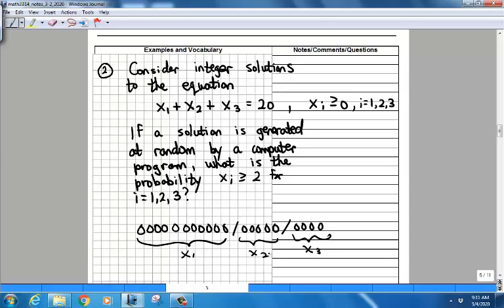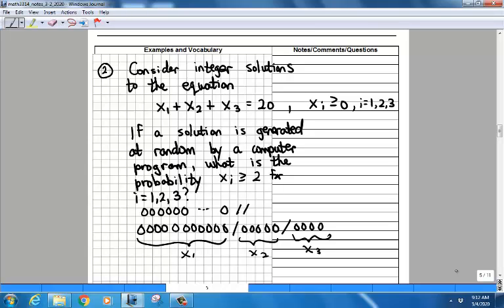So if I gave you any solution, Eric, if I gave you the solution I was talking about, which was 20, 0, 0, that would look like this, where you have 20 zeros to start with, because that sequence of zeros would mean 20 is x1.